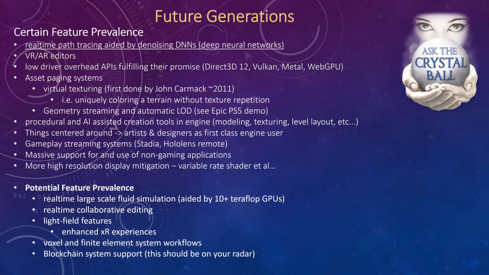It's obvious that path tracing, ray tracing is here and now and will be very prevalent in this next generation, considering we know that both the new Xbox and the new PlayStation have support for it in their hardware. So that's here to stay, and there will just be more complex render pipelines that use both rasterization and ray tracing to complement the strengths and weaknesses of the system. So those are definitely there.